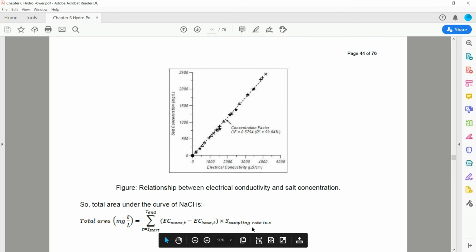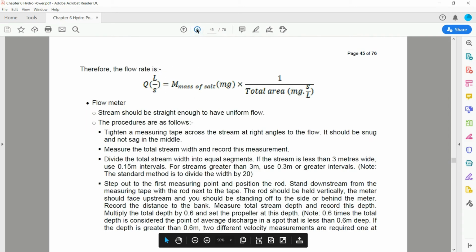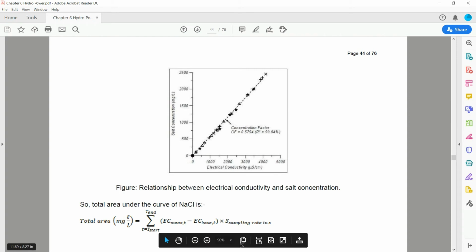The sampling rate of the reading is, for example, every 5 seconds. So the flow rate Q equals the mass of the salt, for example 3 kg, converted to milligrams, multiplied with 1 over the total area from this equation. So this is the area under the graph.